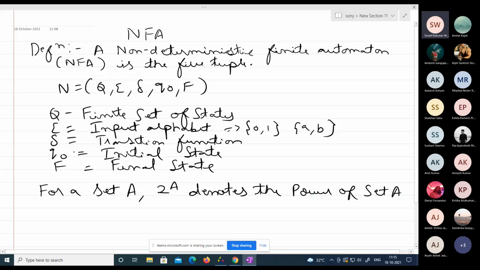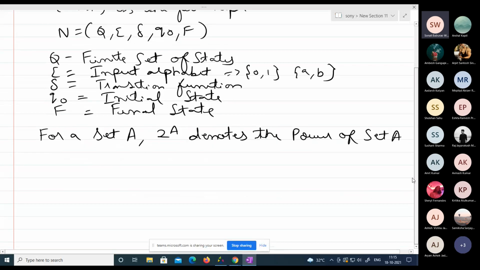Now, there is a different concept over here in NFA, the concept of epsilon closure. What is this epsilon closure? It should be very clear to us. It means that there can be any number of epsilon transitions.